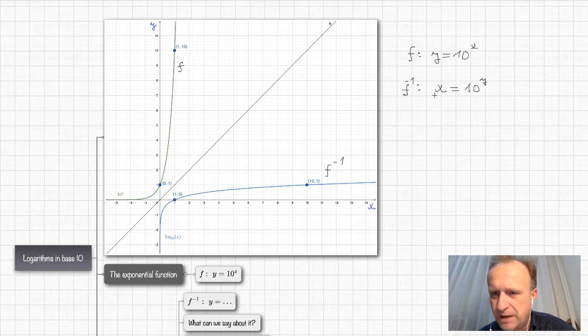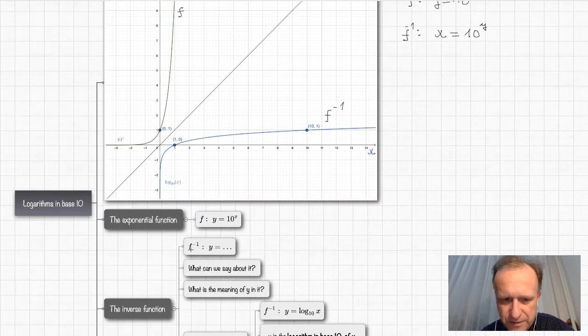This formula assigns a proper value y to each value of x that we input into the function machine. The inverse function can be imagined as a function machine: the input takes the value of x, and at the output we have the value of y.